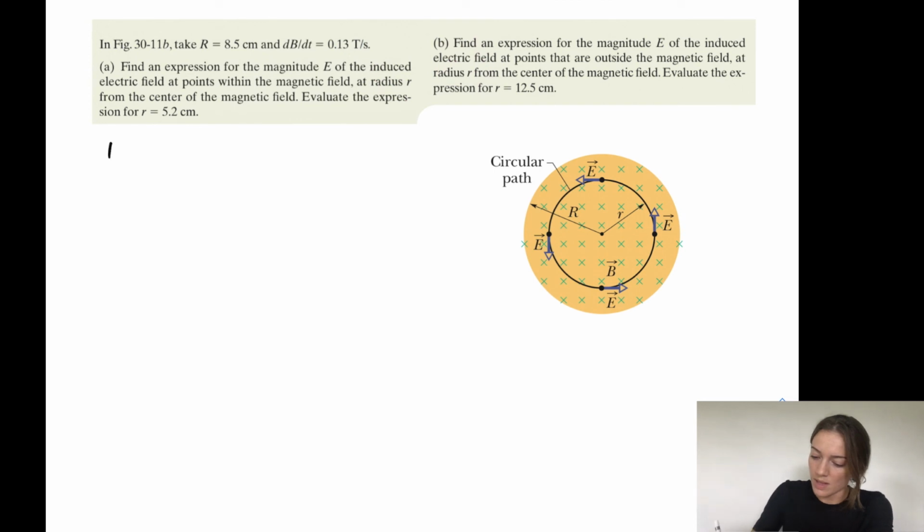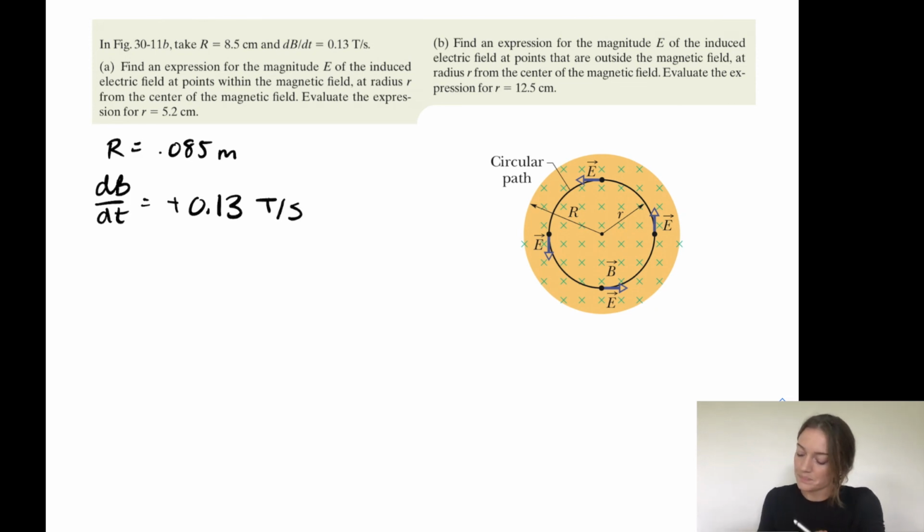So let's just write that. The radius of our region is 0.085 meters. And in this region, the magnetic field is changing at a rate of 0.13 Tesla per second. So the magnetic field is increasing at a rate of 0.13 Tesla per second.